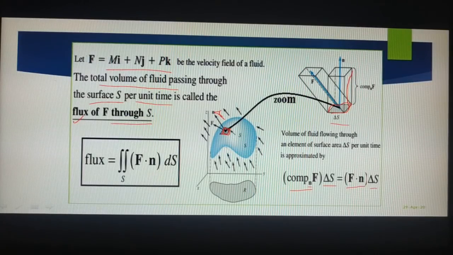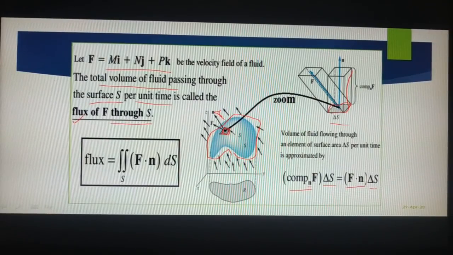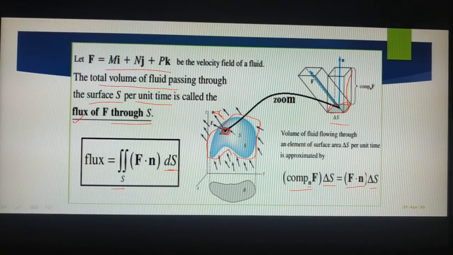If you want the total fluid flux flowing through this particular surface, then of course, since it is on the surface, I have to apply a double integration. In what direction? This dS may be dx dy on the xy plane, or the yz plane, or the zx plane.